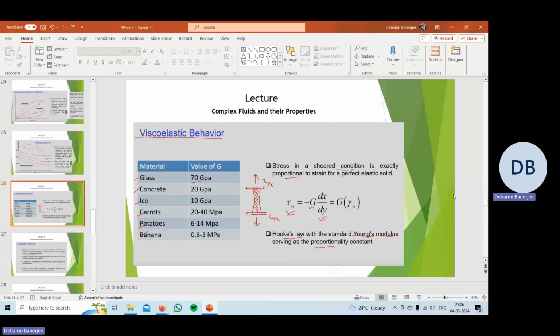The stress and strain are proportional, and that proportionality constant is G. So you can see the value of G is gradually decreasing as softer material is used. Banana is much softer than potato, then carrot, and gradually moving towards the harder materials, ice, concrete, glass, the G value is also increasing from mega to giga.